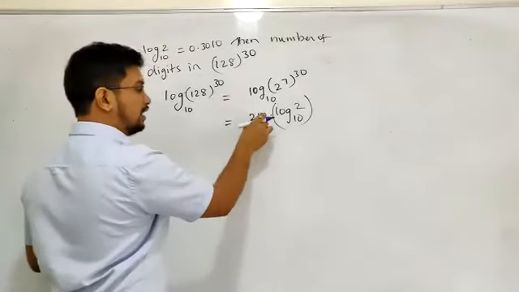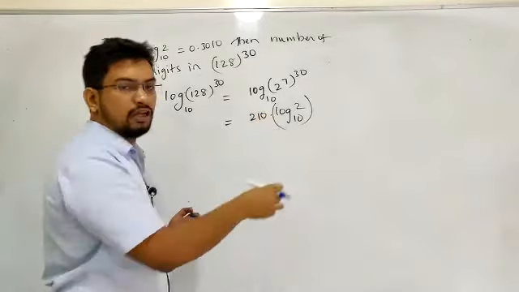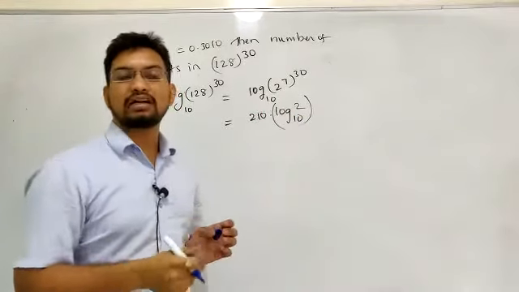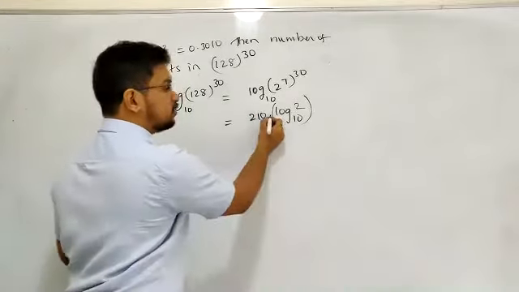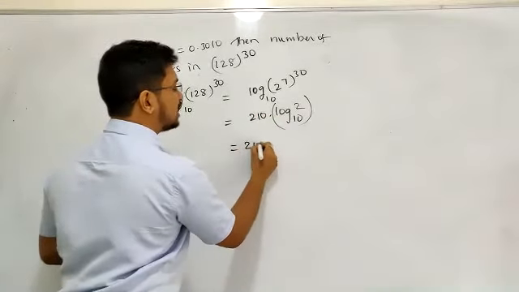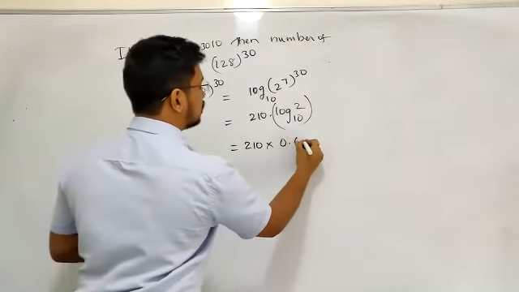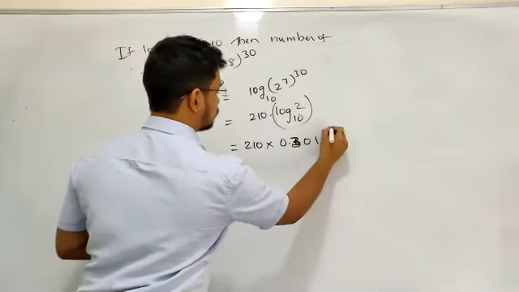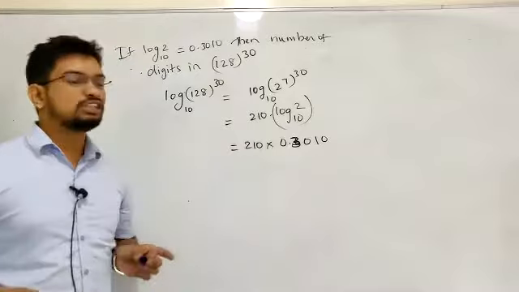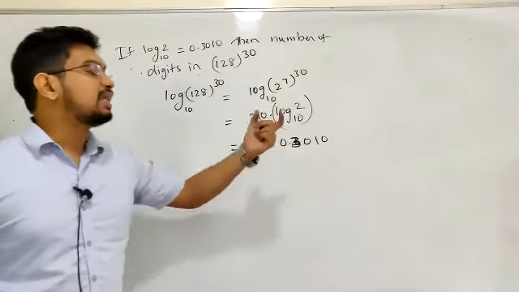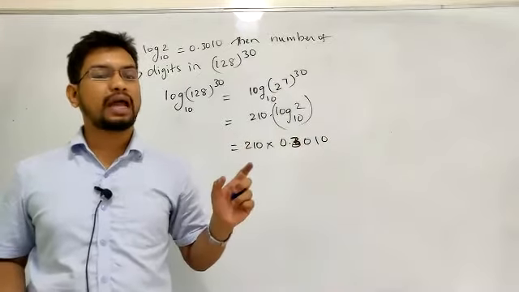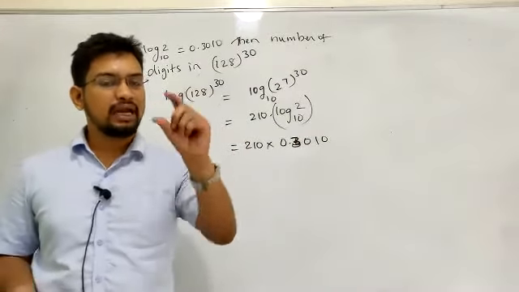And people are writing 211 here. Don't write 211. You have to get this entire value. After finding this entire value, you find the characteristic. So this is 210 into 0.3010. Only after finding this entire value should you calculate the number of digits.